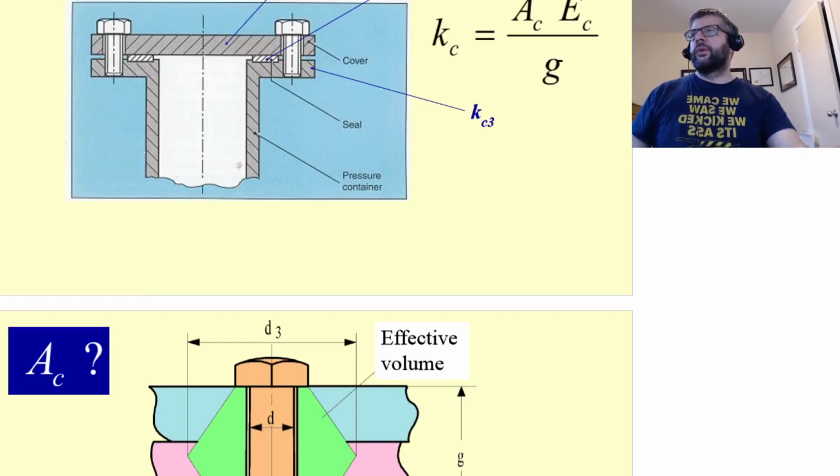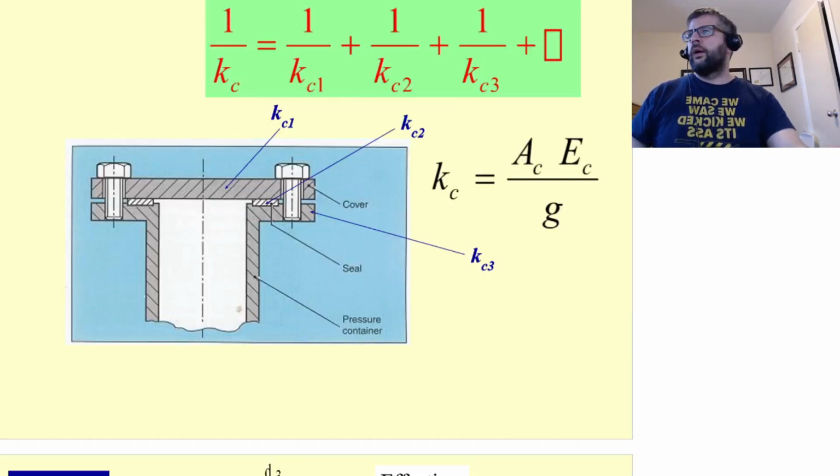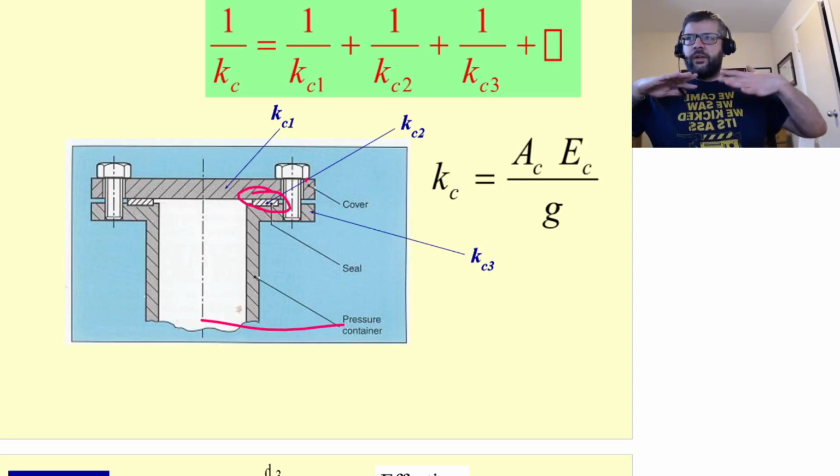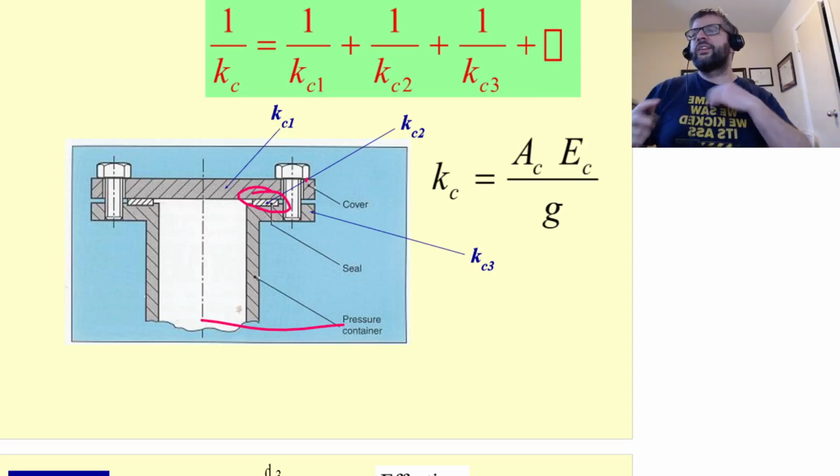Instances where this might occur would be if you have a pressure vessel here and you've got a cover and a seal, and you may have a gasket in there, made of rubber or some other softer material, that is there to deform into the space, make sure it's filling all the space and provide a nice seal.